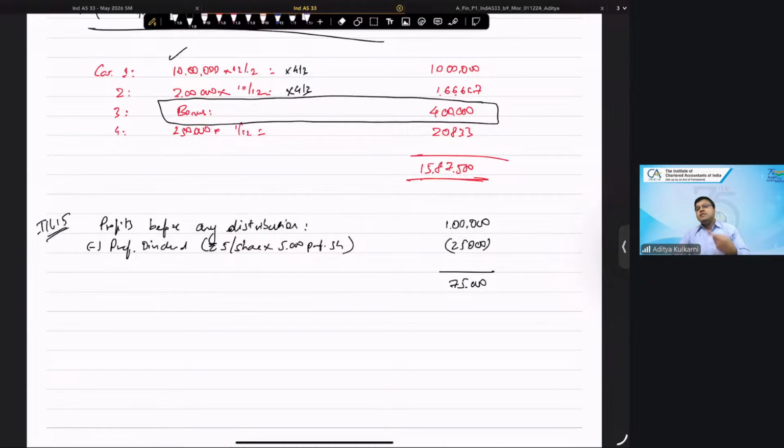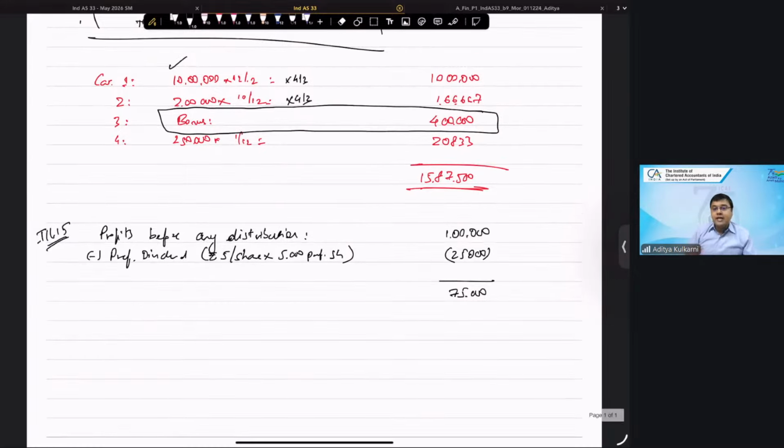Now out of this 75,000, is this going to be shared with both equity and preference? Answer is no. From here, equity dividend will go because that is only to equity shareholders. Less equity dividend.